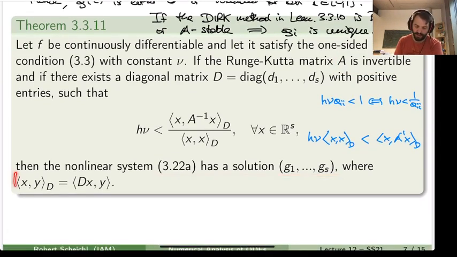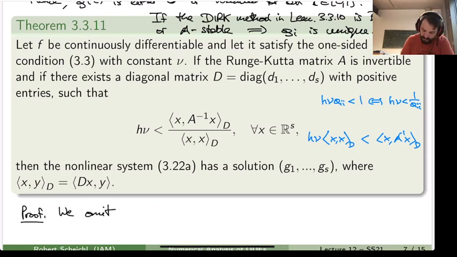Where this is just the inner product defined here, just to be precise. And as I said, I'm not going to prove this. For the proof, you can look in Hairer and Wanner.